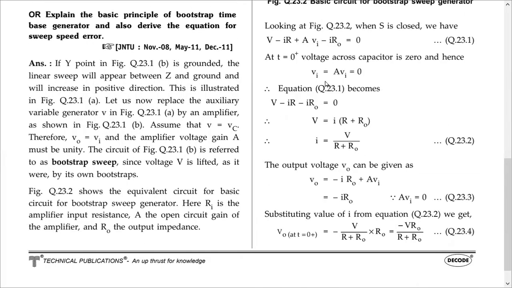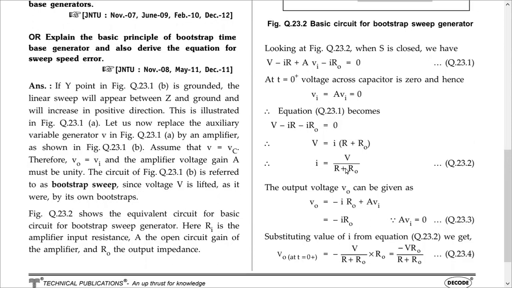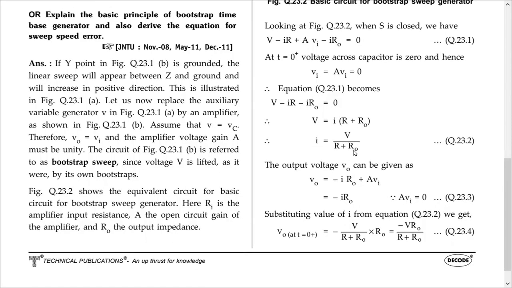Already we discussed AV VI is 0. So V naught is simply minus I into R naught. Already we got I, V by R plus R naught. So substituting the value of I here, we get V naught as minus R naught into V by R plus R naught.